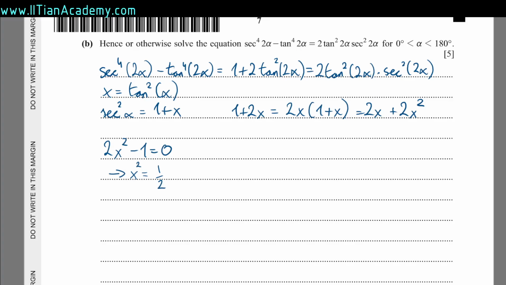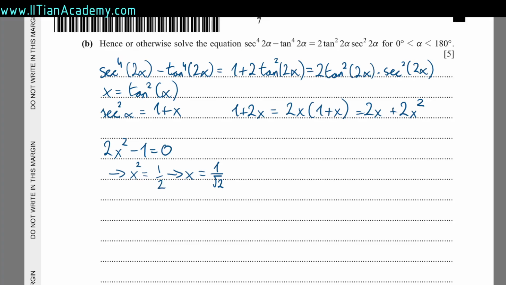And then we get that x is going to be plus or minus 1 over root 2. However, we recall that x was defined as tangent squared 2 alpha. If tangent is squared, it cannot be a negative number. That means that we don't need the minus 1 over root 2 here. It doesn't make any sense. There would be no solutions anyway, so we don't really need to take that into account.